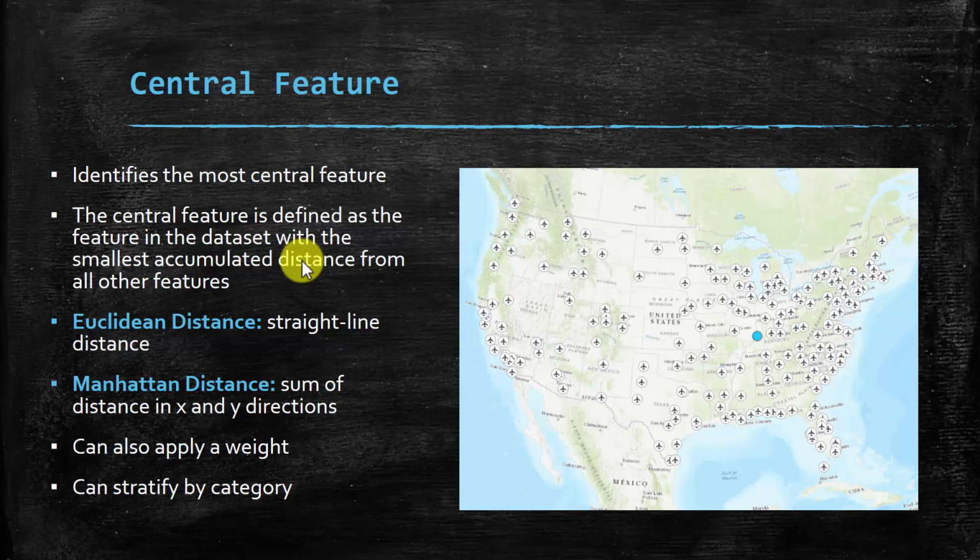So, for example, let's say we had colleges, and we had the different types of colleges, like four-year liberal arts colleges and large research universities and junior colleges and tech colleges and whatnot. We could actually get separate central features for each of those groups. And you could also apply weights and categories.